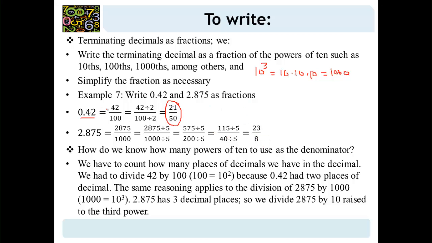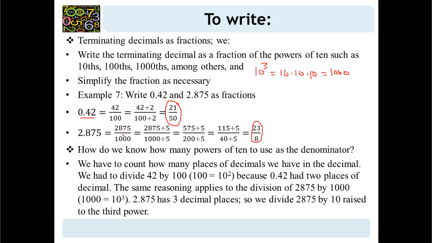Now, keep in mind that for this second example, you can divide by 125 directly, and you will get 23 out of 8. Because if you divide 2875 by 125, it gives you 23. If you divide 1,000 by 125, it gives you 8.